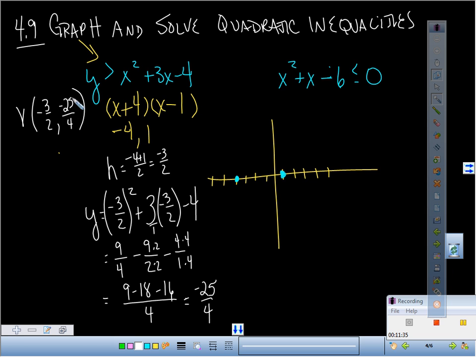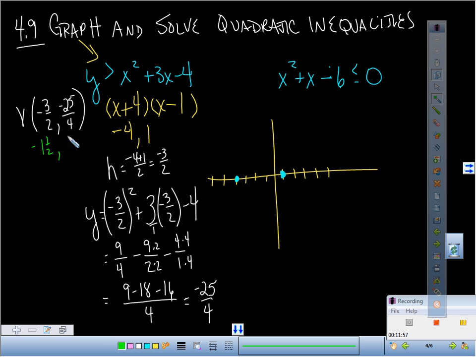Okay? Now look. I'm going to say for the majority of you, do you look at that negative 25/4 and know exactly where that is? Most of us look at it and go, wait, what? Okay, so let's just turn it into a mixed number. Negative 3/2. How many times does 2 go into 3? 1 time with 1 left over. That's negative 1.5.